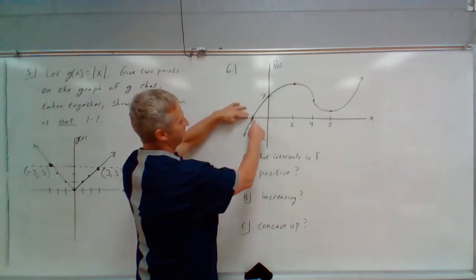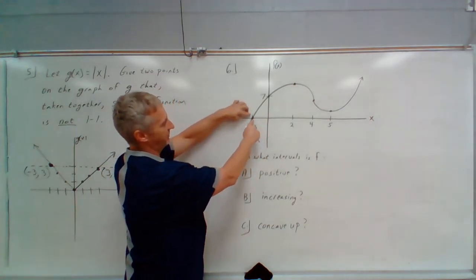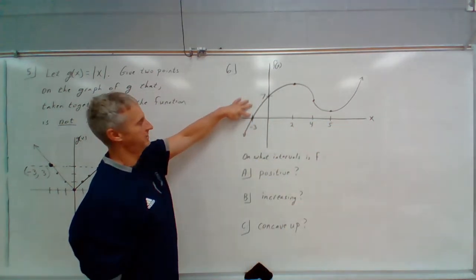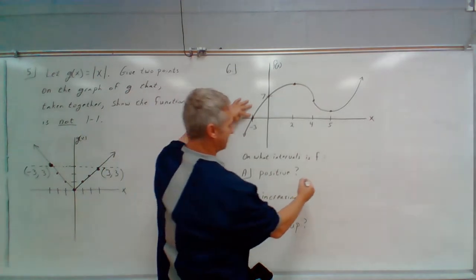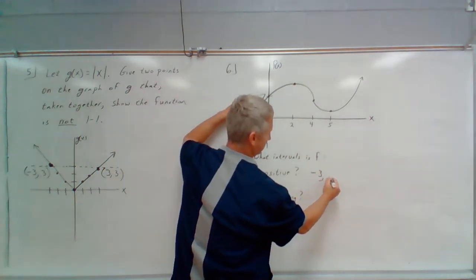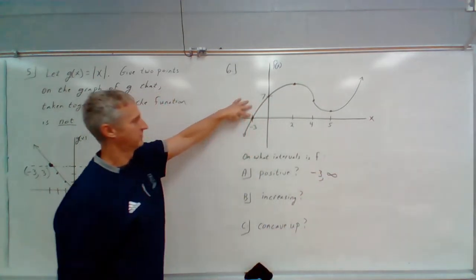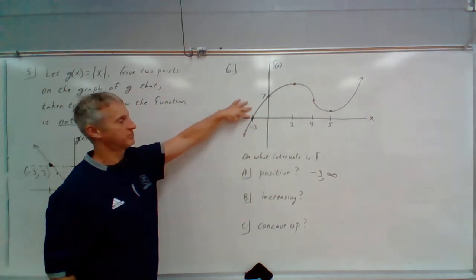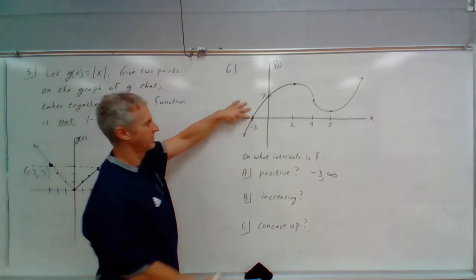So this function is above the x-axis from -3 on this way forever. So this thing is positive from -3 to infinity. I can plug in any value bigger than -3, and the function will spit out a positive number.